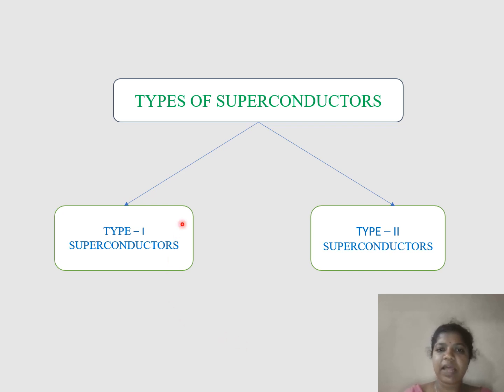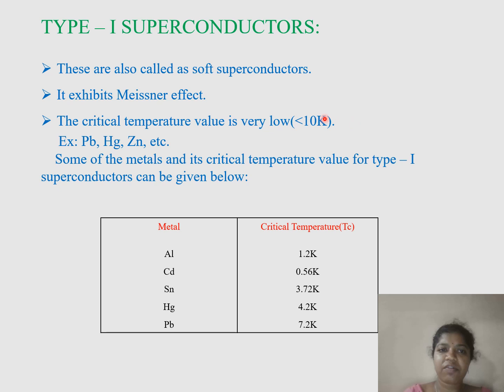And next one is types of superconductors. Superconductors are classified into two types: type 1 superconductors and type 2 superconductors. Type 1 superconductors are also called soft superconductors. Why are they soft superconductors?